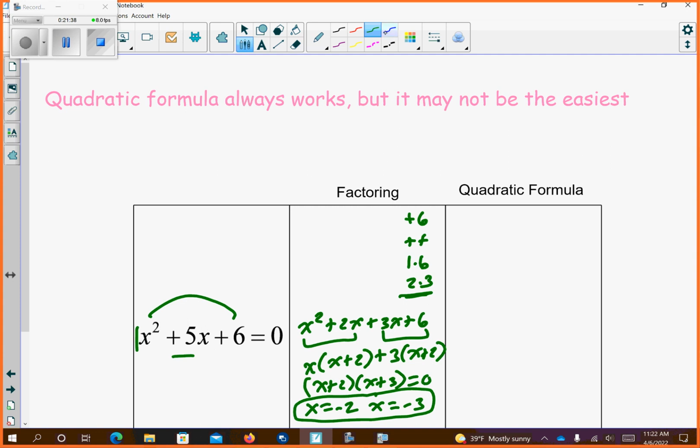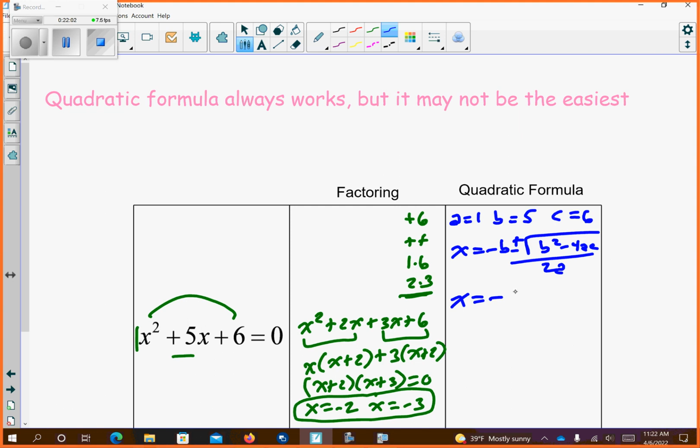Or I could go to the quadratic formula. I know my a value is 1, my b value is 5, and my c value is 6. And we know that x is equal to negative b plus or minus the square root of b squared minus 4ac all over 2a. Go ahead and plug it in.